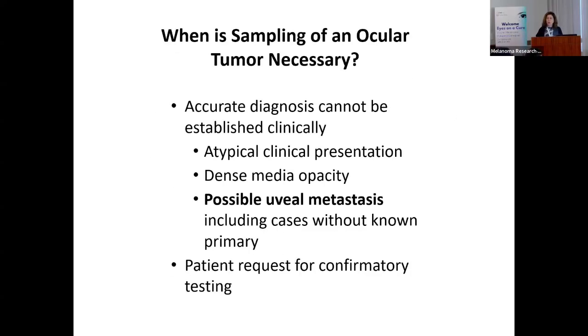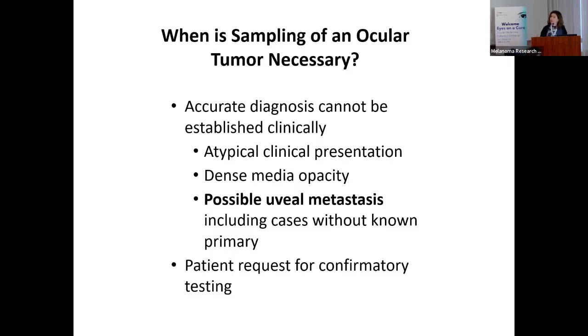So when, or why, would you have cells come to a pathologist to say, boy, this is a melanoma or this is not a melanoma? It's only in those scenarios where the clinical exam has some features that are not the norm. So when an accurate diagnosis can't be established on clinical grounds, something atypical in the presentation, possible metastasis.